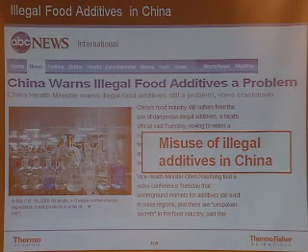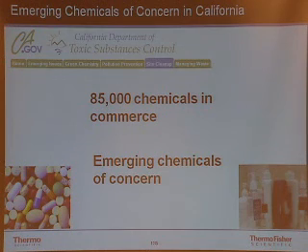In my home state of California, we have a list of 85,000 chemicals that are used in commerce. That means many different businesses, such as healthcare, personal care, agriculture, and also the food industry. And those 85,000 are put on a list of suspect contaminants.